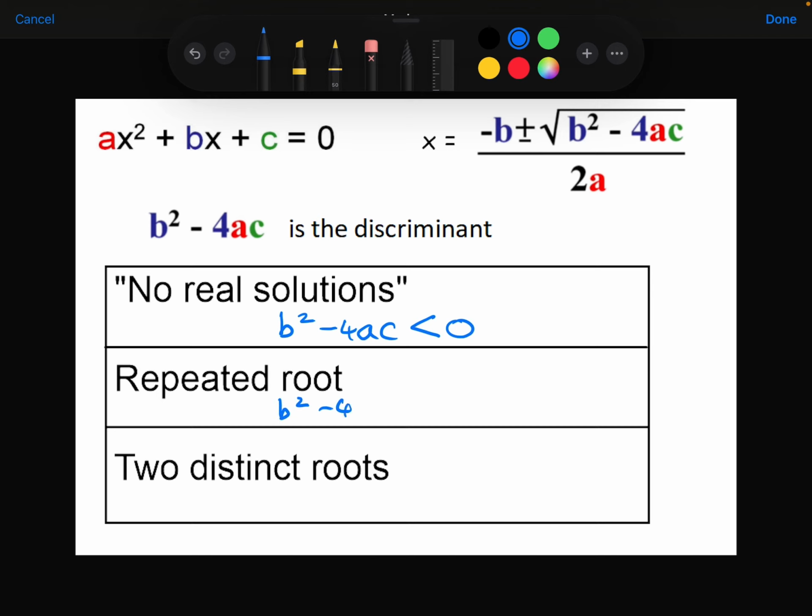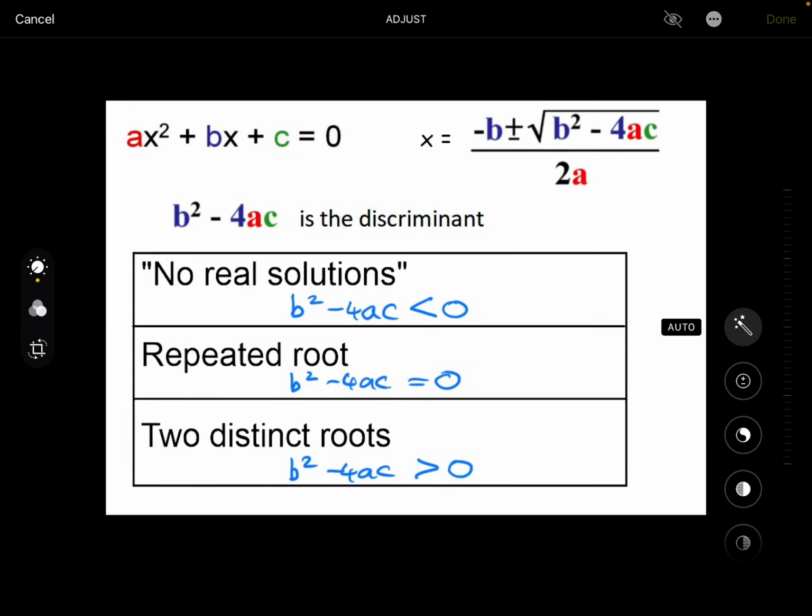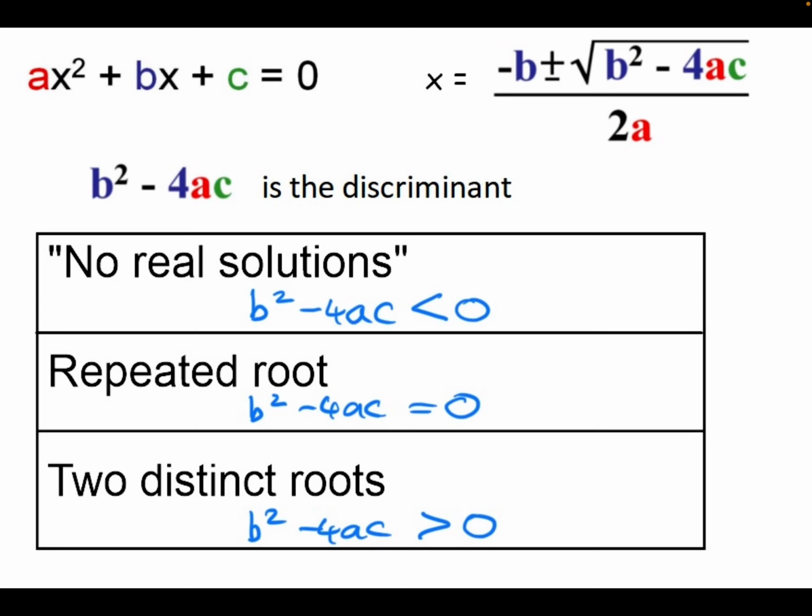If the discriminant is equal to 0, then we know we have one repeated solution or one repeated root. Or if the discriminant is greater than 0, then we know that we have two distinct roots, two distinct solutions. So, just by looking at the b squared minus 4ac, it tells us how many solutions a quadratic equation is going to have.